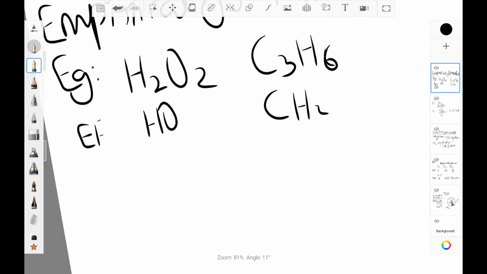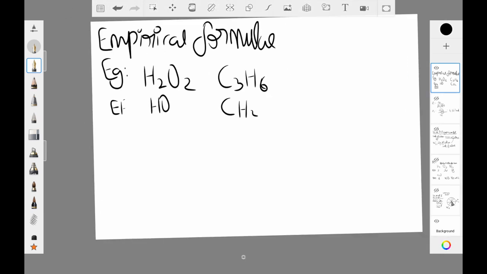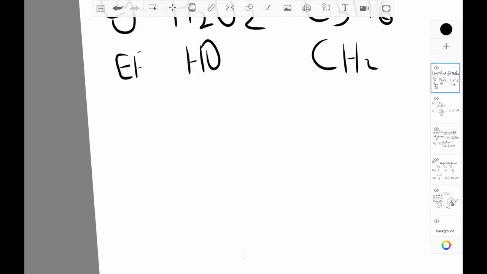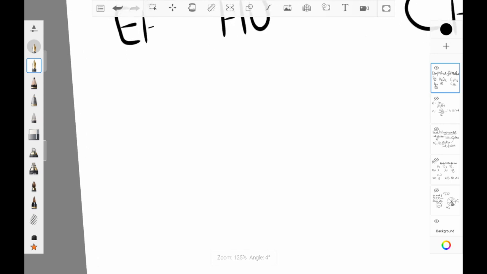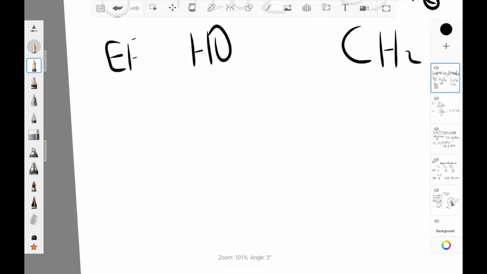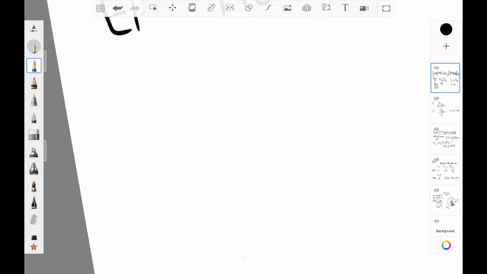Now, to find the empirical formula of a substance, you can't just divide by 2 or divide by the HCF. I'm assuming that's what most of you thought, but there is an actual process.